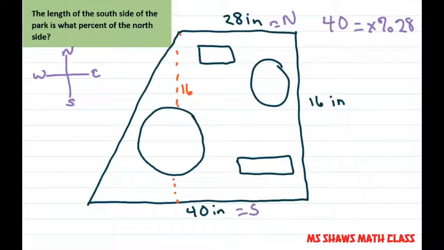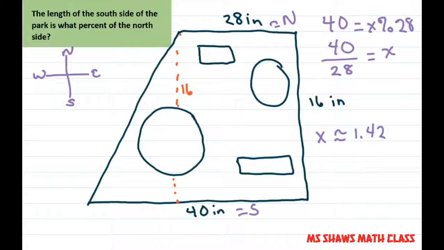So you divide both sides by 28, you get 40 divided by 28 to get your X. 40 divided by 28 gives you approximately 1.42857.